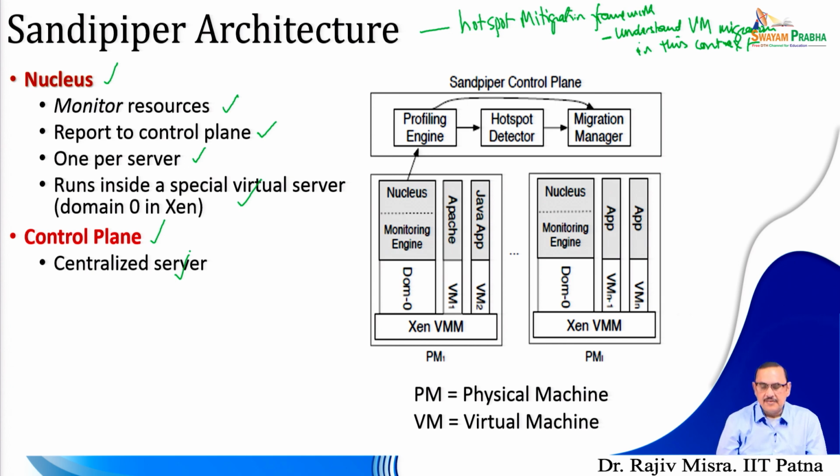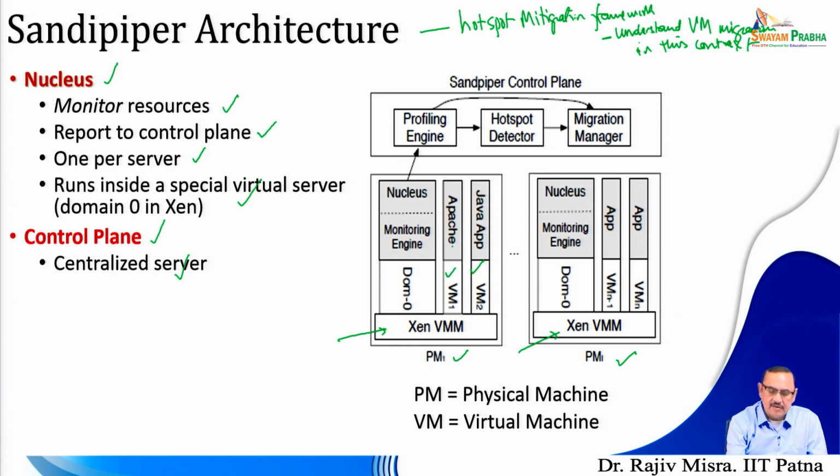Now, here you can see that this is physical machine 1, this is physical machine 2, and it is running the Xen hypervisor, that is the Xen virtual machine monitor. This physical machine will now have 2 virtual machines, VM1 and VM2, running on physical machine 1.